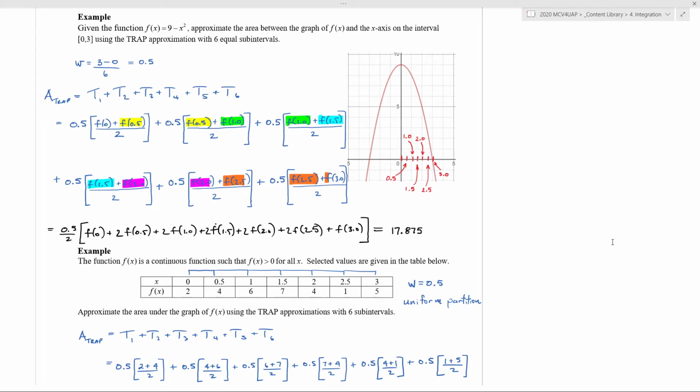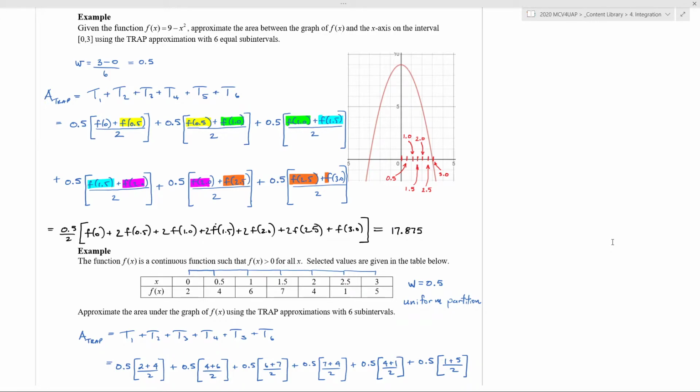So I can take the 1/2 outside and then just write f at 0 plus 2 times f at 0.5, f at 1, f at 1.5, f at 2.0, and f at 2.5, plus f at 3. So it's the first and last ones, there's only one of them, but everything in between, there's 2 of them. That'll always happen with the trapezoidal approximation.